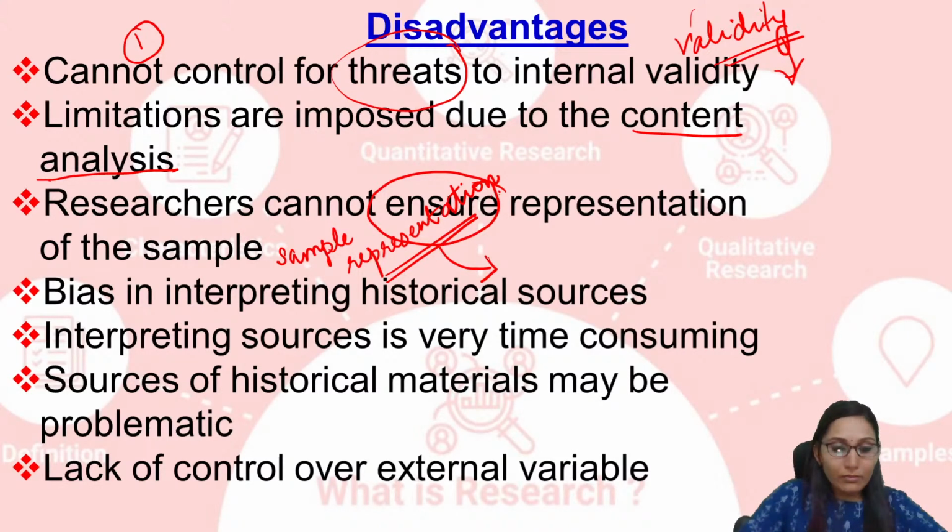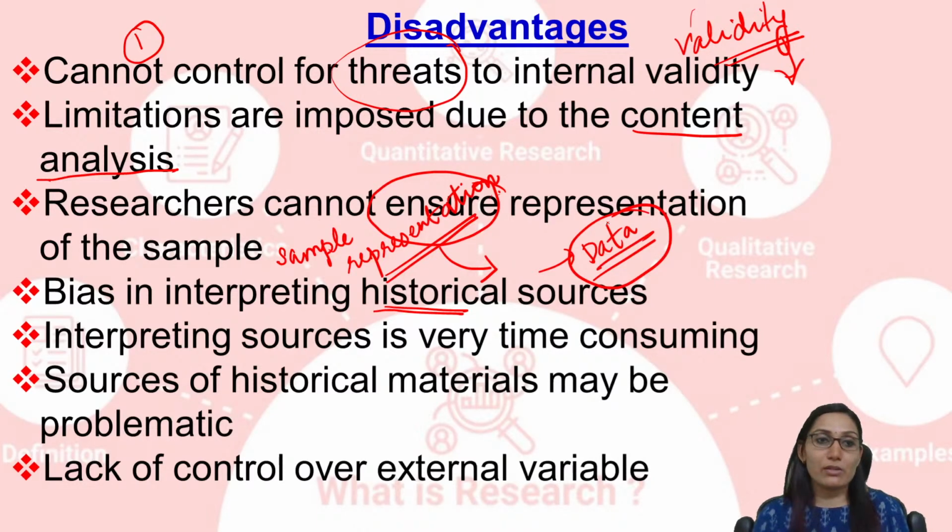Now, the third thing is that there will be a bias in interpreting the sources. The evidence or the data is historical in nature, so there can be bias in interpreting historical sources. That means you are interpreting something in the past. You have the data for some past events, and you are trying to interpret the past occurrences in your own way, so it can be biased.